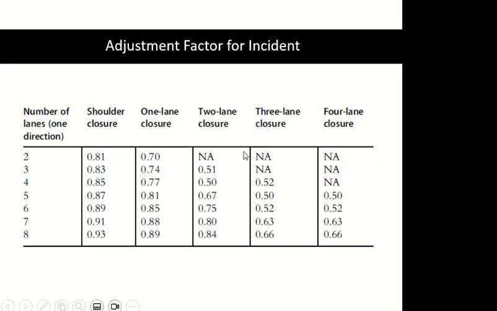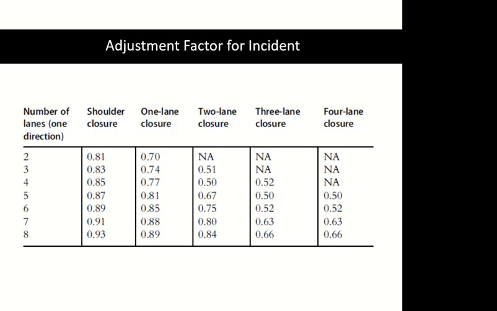Now you can see here, if I have two lanes, the factor for two lane closure is not applicable, three lane closure not applicable, four lane closure not applicable. Why? Because if I have two lanes and both of them are closed, the highway is closed, so there is no point doing the analysis.